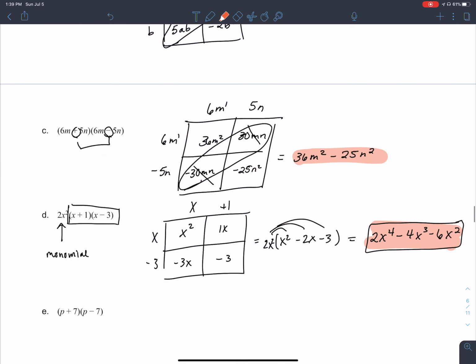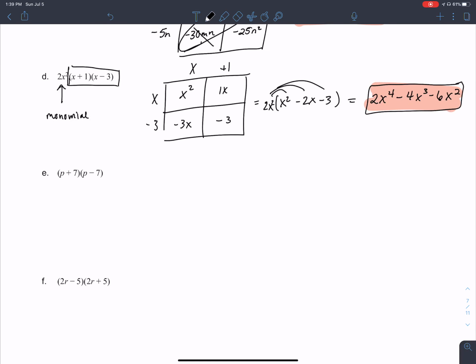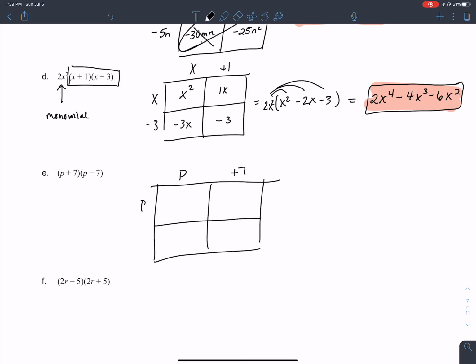Okay, cool. Okay, let's do another one. This is another special type because the only thing that's changed is the signs. So you'll start to see the pattern, which is important. So p squared, 7p, negative 7p, and negative 49. p squared minus 49.